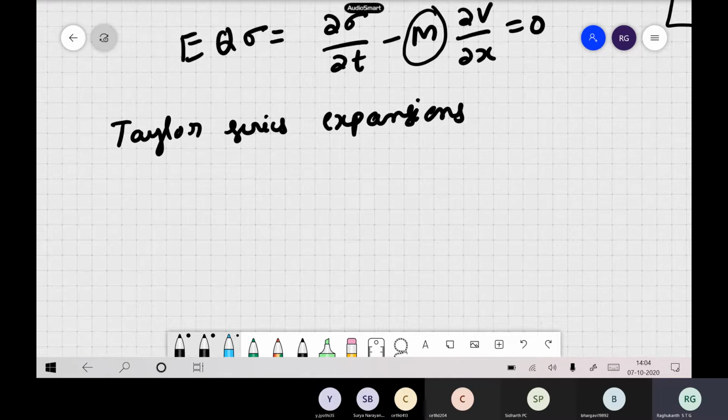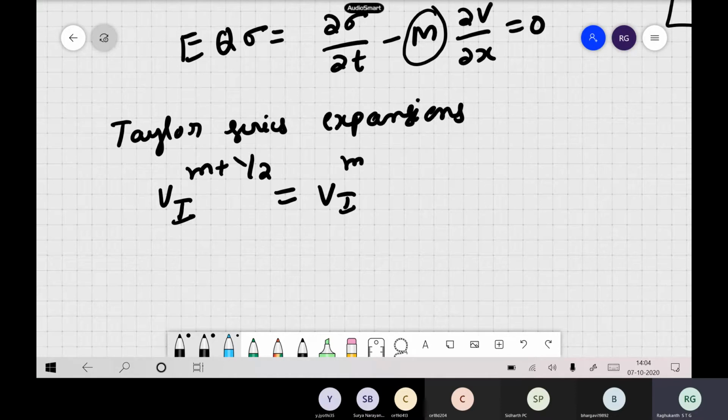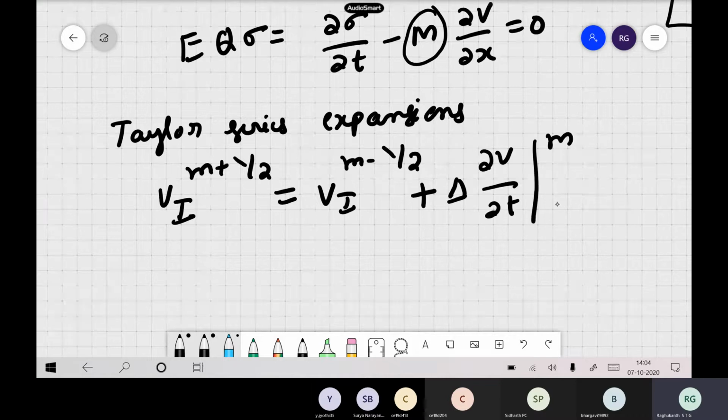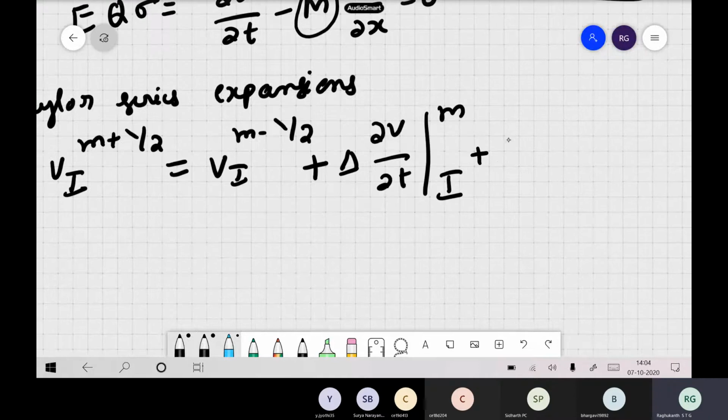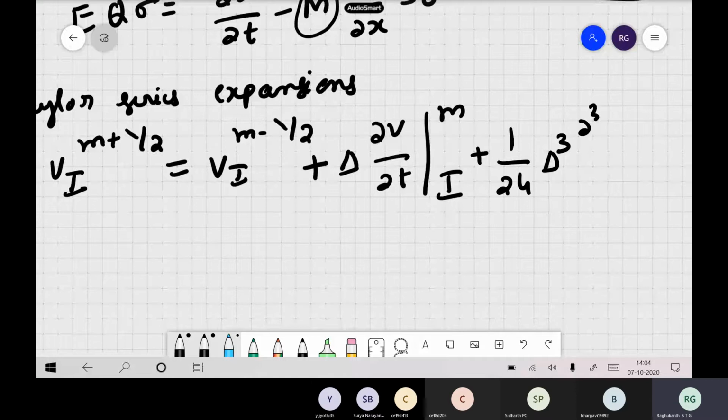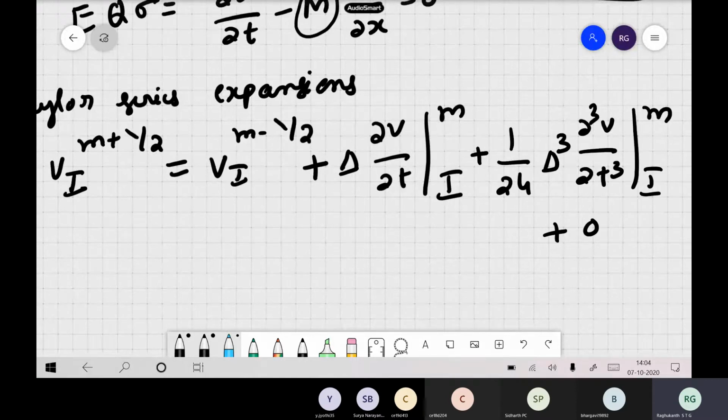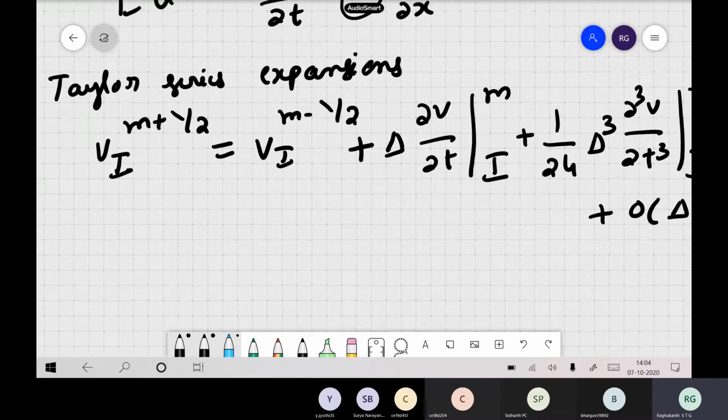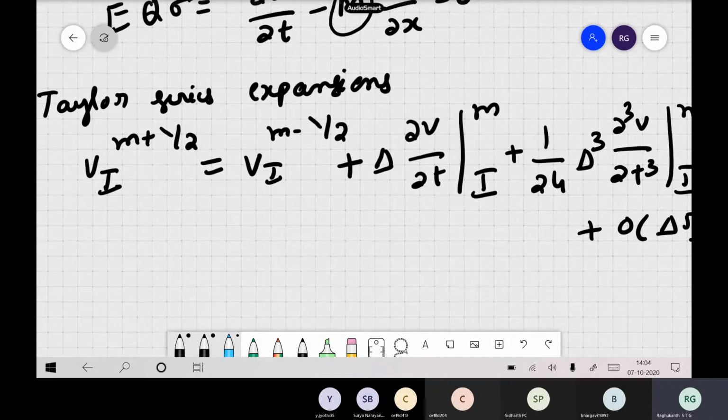For the temporal part, we can write v at m plus half, at i, equals v at m minus half, plus delta t times ∂v/∂t at m and i, and if you take higher order terms also, we have 1/24 delta t cubed ∂³v/∂t³ at m and i, plus the higher order terms, which will be of delta t to the power of 5. This is the Taylor series for the temporal derivative of the velocity.